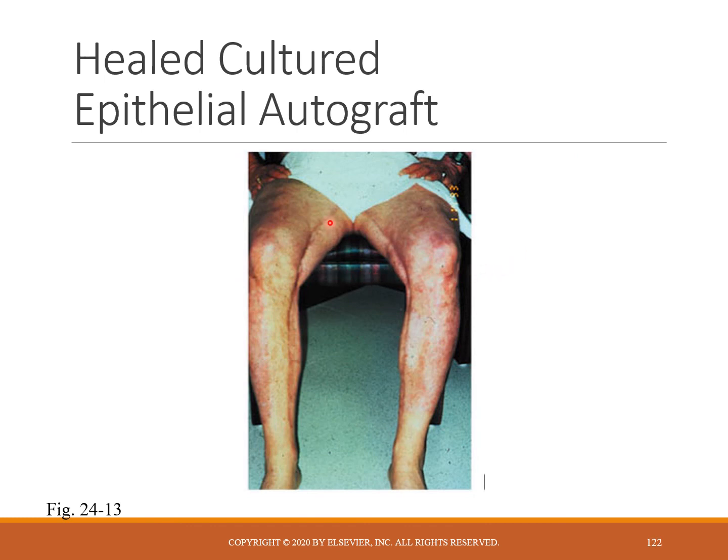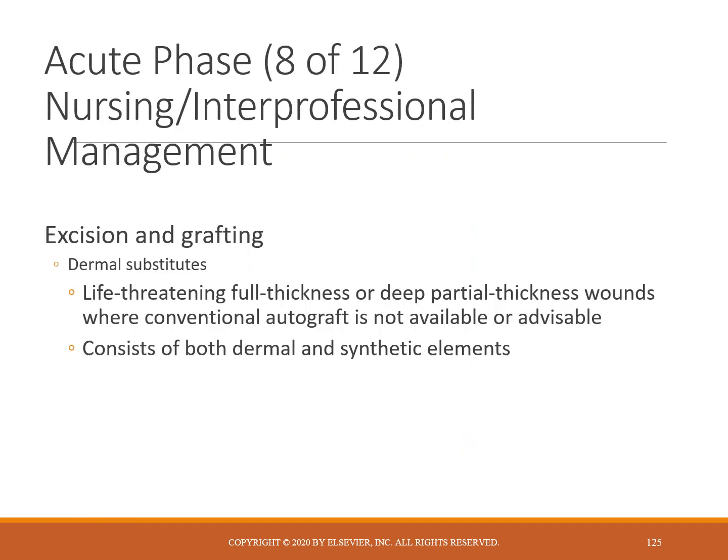So look at that, right? There's an incision and then they did a harvesting there. And I already mentioned to you that with excision and grafting, it can be a dermal substitute, or a substitute to the skin that was burned.